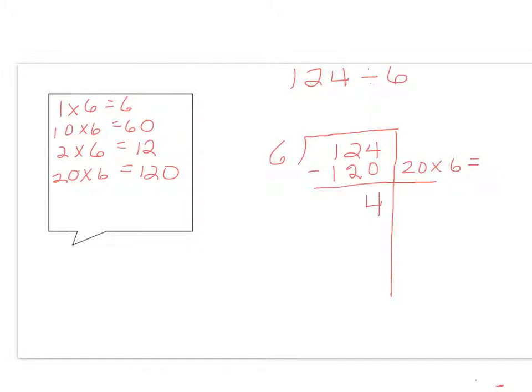Now my question is, can I get another group of 6 out of 4? I can't, so my problem's done. And so now I know that the solution to 124 divided by 6 is equal to 20 with a remainder of 4, and I can also put it above my problem here.